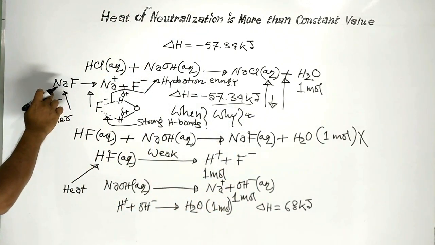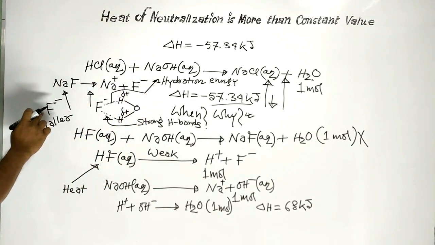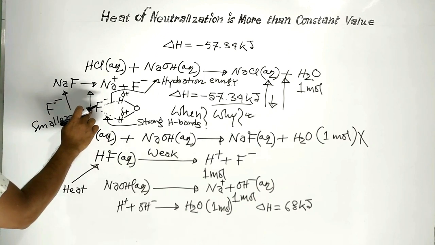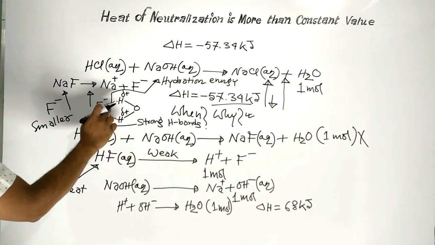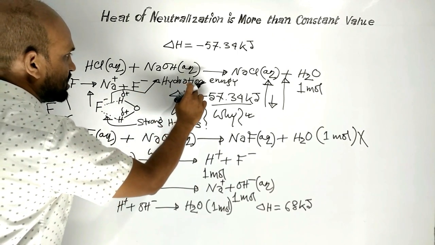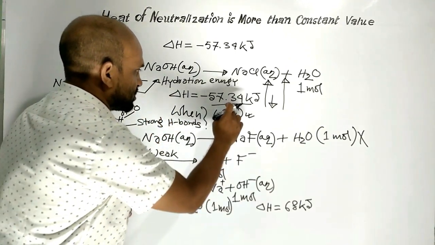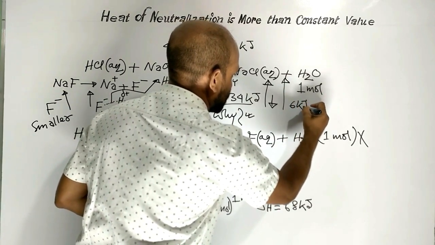Sodium fluoride salt is a strong electrolyte which ionizes to form sodium ion and fluoride ion. Fluoride ion carries a high electron density. Because of the high electron density, fluoride ion forms strong hydrogen bonds with water. Because of these strong hydrogen bonds, fluoride ion evolves a higher hydration energy. That is why ultimately the constant value increases up to 68 kilojoule.